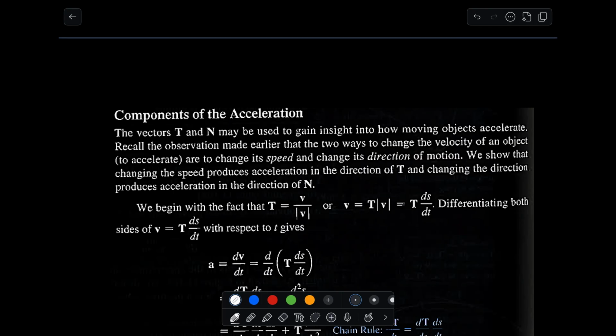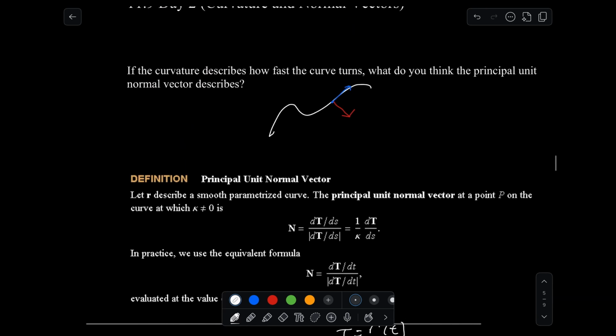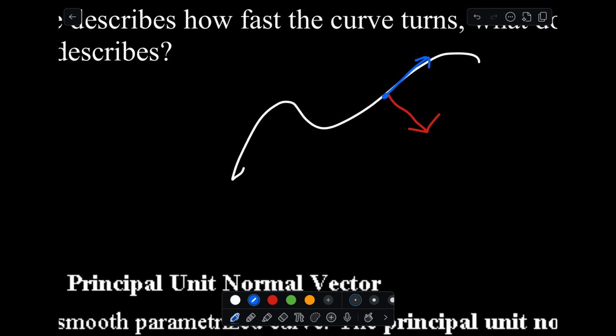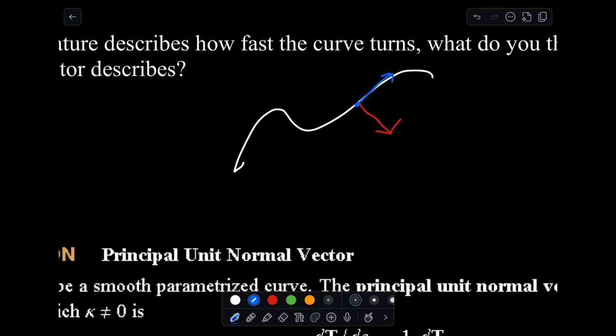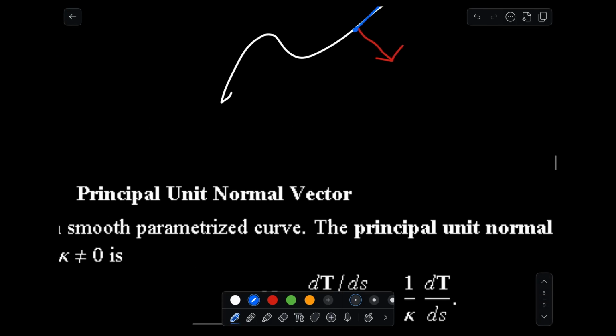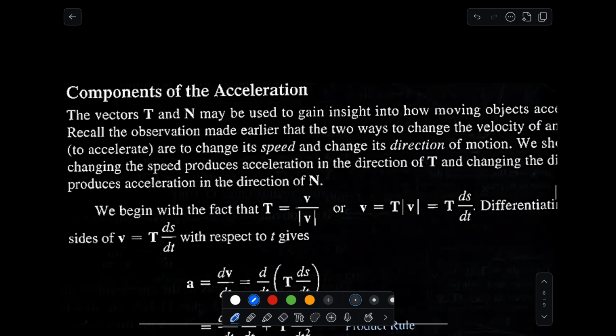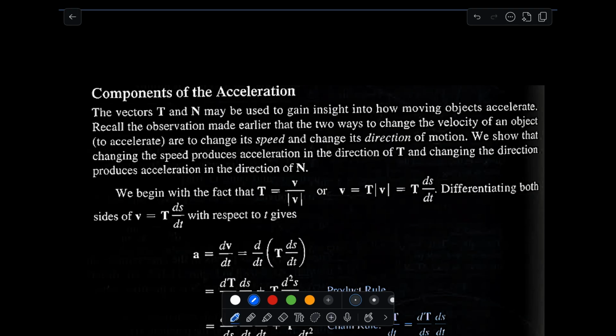So we have tangential and normal acceleration. We talked about this a little bit above with your unit tangent vector and your unit normal vector. They're always orthogonal to each other. In this case, it's perpendicular because they're in 2D, but it's going to be orthogonal in 3 dimensions. And you can see that the vectors T and N describe two different ways to change the velocity of an object, or to accelerate it: change the speed and change the direction.